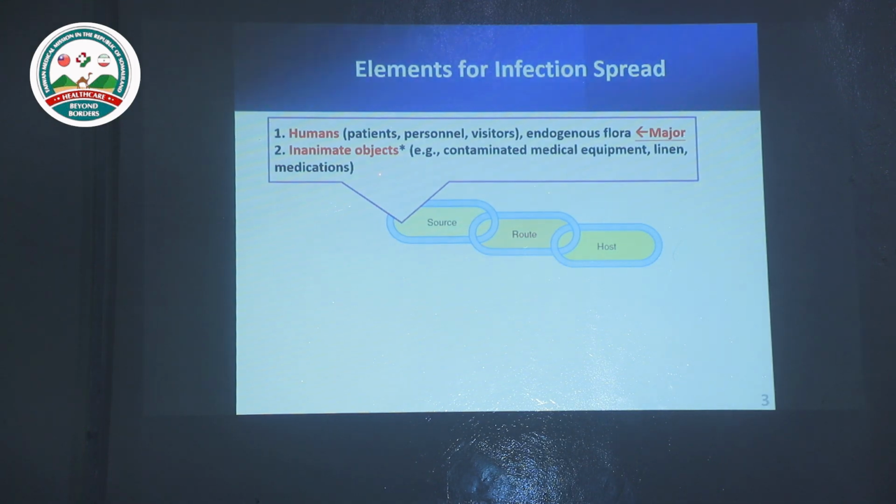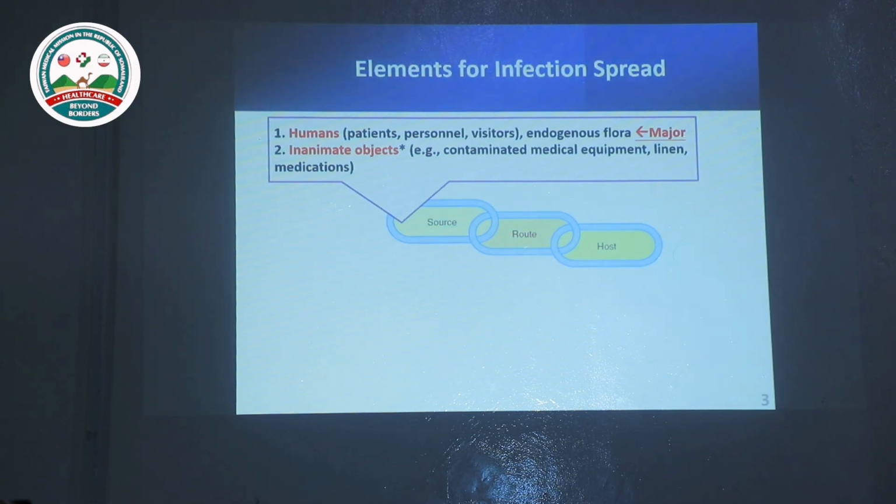Another source is contaminated equipment, medical equipment, and also mattresses, pillows, and even medications can be contaminated. This source can infect the host by the route. We will talk about the route later.